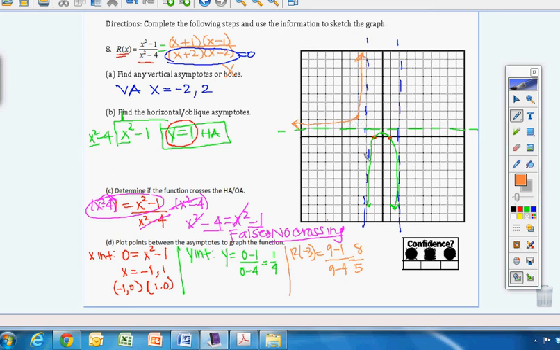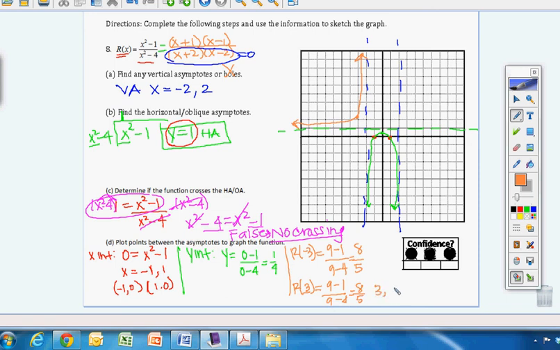So this is going to get really close to this one, go through this point, and go up, up, up really close. So now I've got to just figure out this section, and I am going to choose a positive 3 and see what happens. So as I choose a positive 3, I'm plugging 3 into all my x values. So 3 squared is 9, minus 1. 3 squared is again 9 minus 4. So same thing.